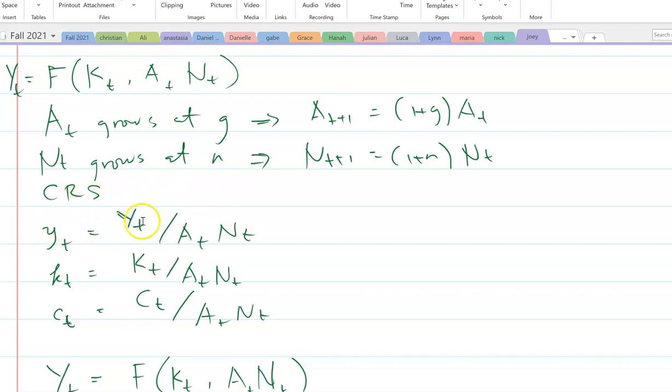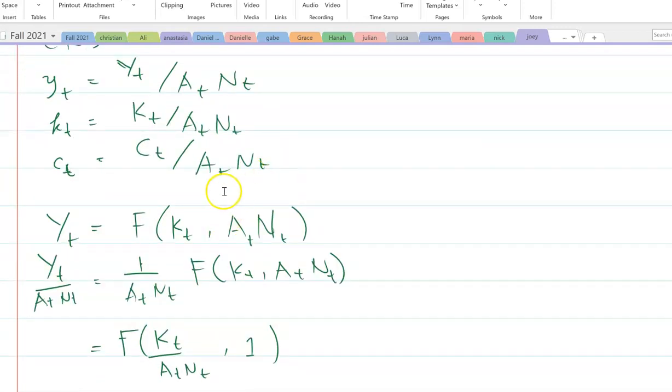So if I let little y_t be equal to big Y over big A N, we're going to be looking at this in per effective labor terms. This is the output, capital, and consumption per effective labor.